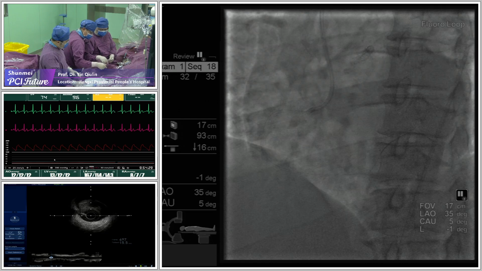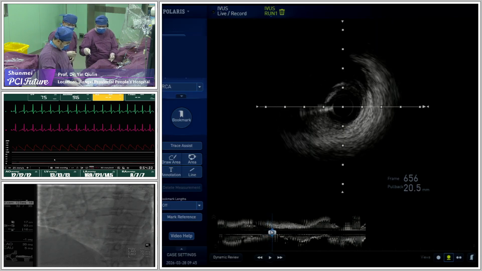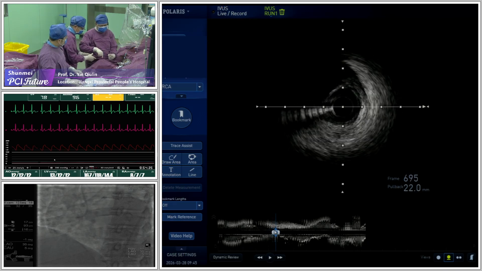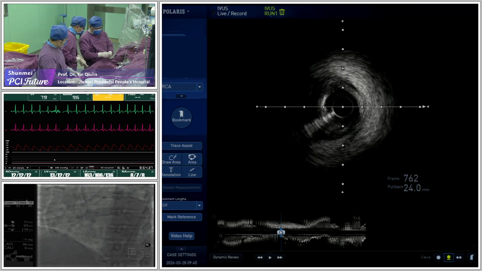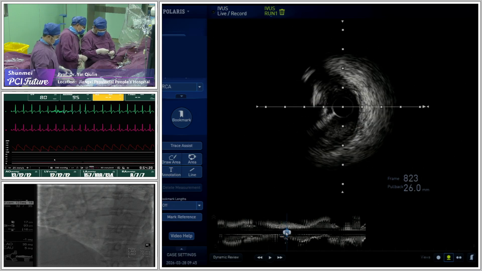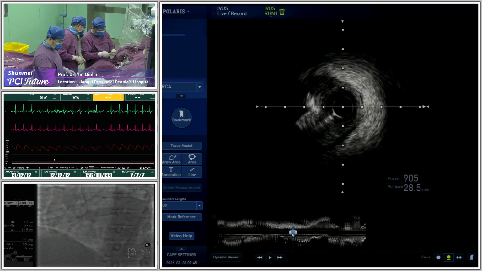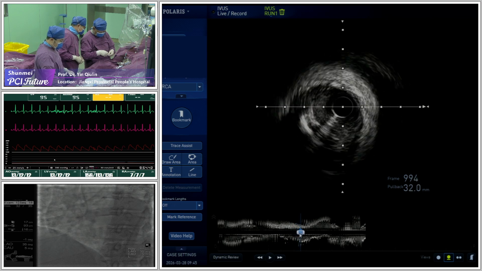I think that is quite safe. Quite safe, because if your retrograde wire punches to the false lumen, maybe the result is a disaster. So do you think about the AGT technique?